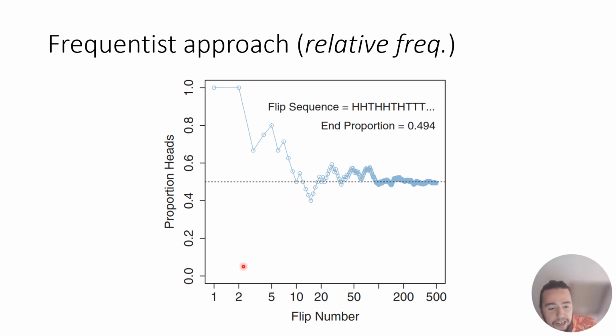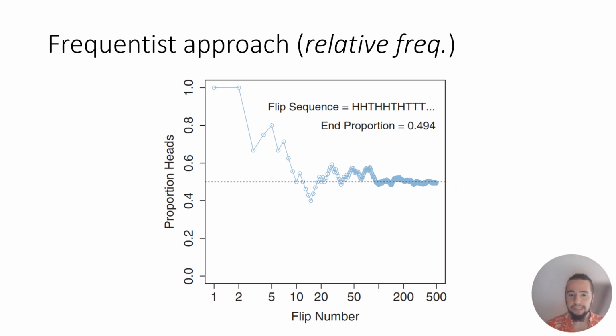As you can see here, if we increase the number of coin flips, the relative proportion of getting heads slowly starts to converge on the true value of the probability of getting heads, that is 0.5.